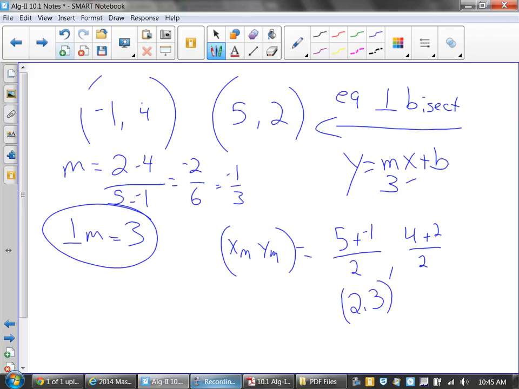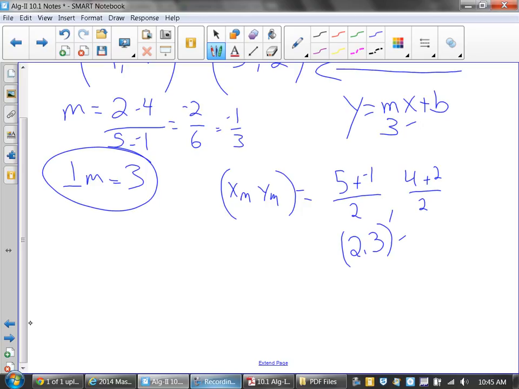Now I know my slope, and I know my point. Remember that little thing called point-slope form? Fill in the blanks and solve for y. y minus 3 is 3 times x minus 2.